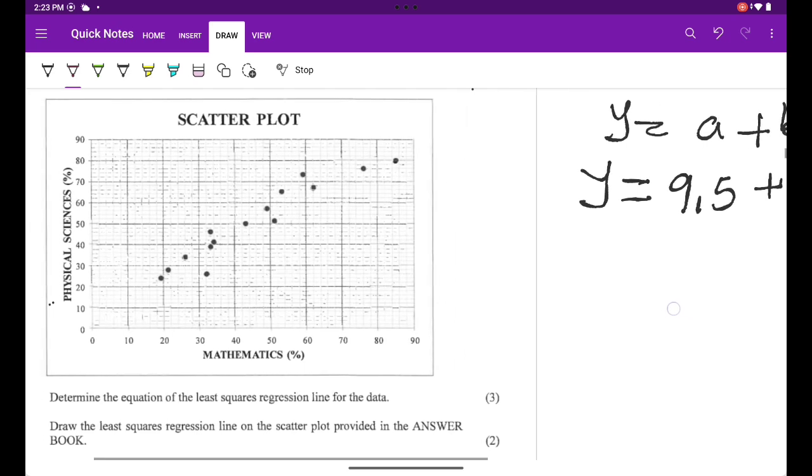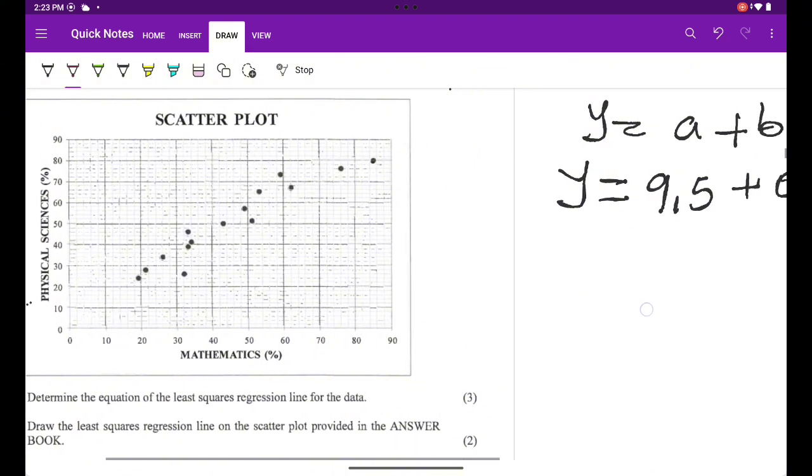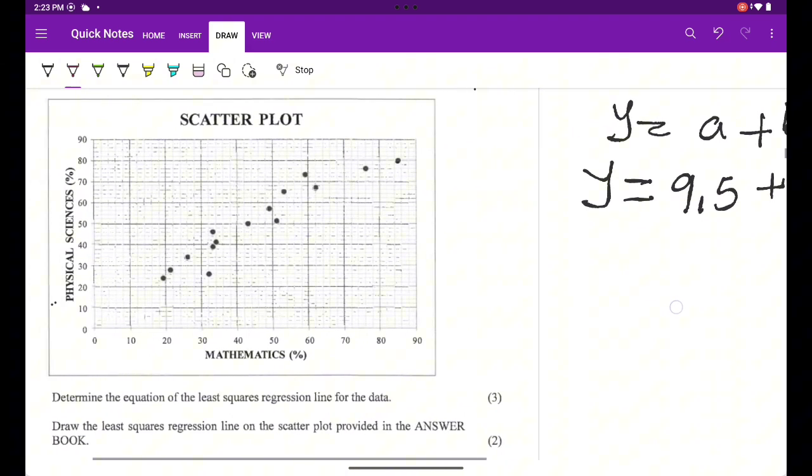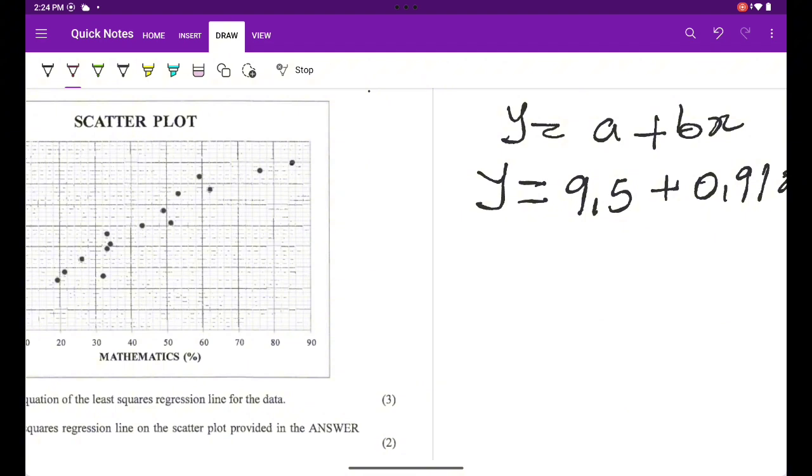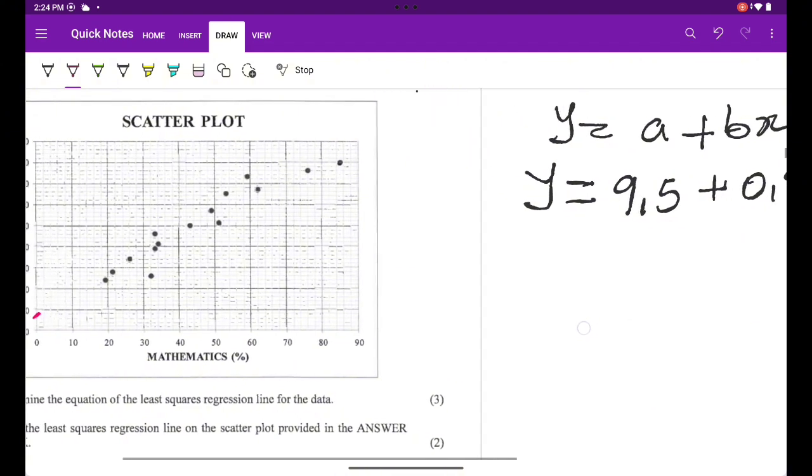Let's get our y intercept. We know that x is 0, so we will have 9,5. So it means we have the y intercept somewhere before 10, so somewhere there. Okay, and then if it was to go that side, we will use that line, but let's just take any value. Okay, let's take x at 20.